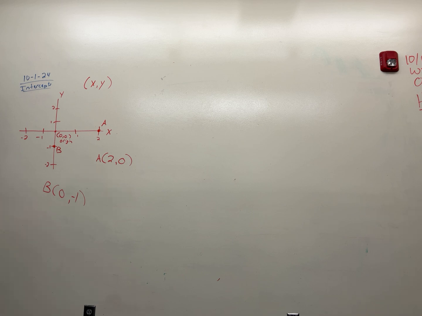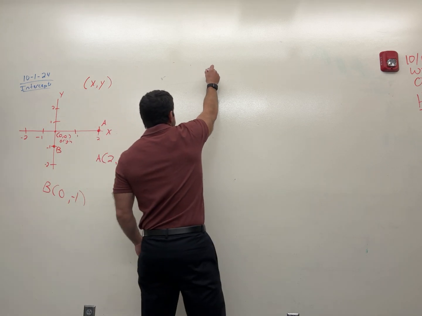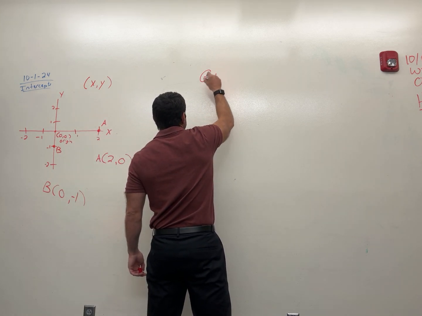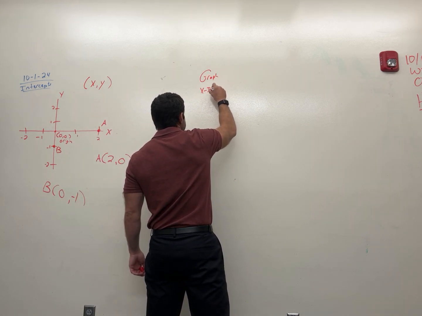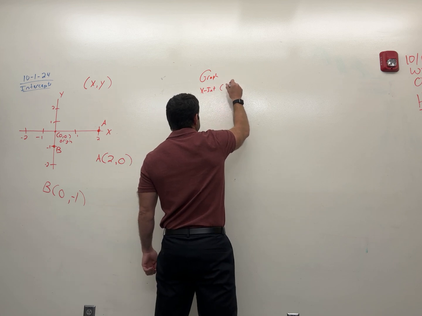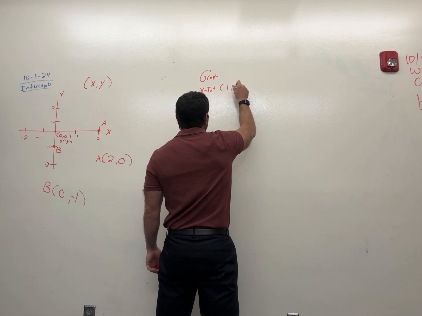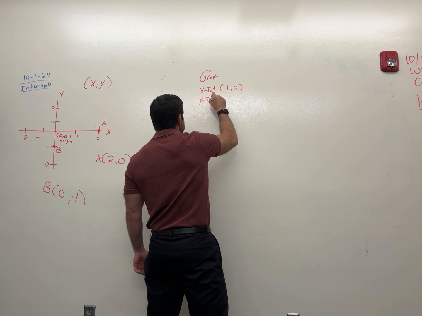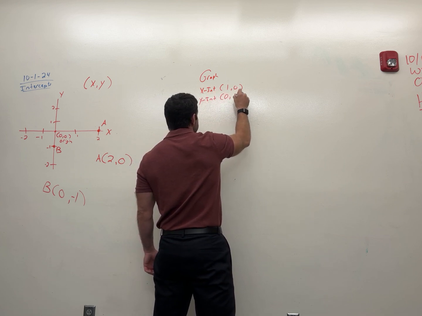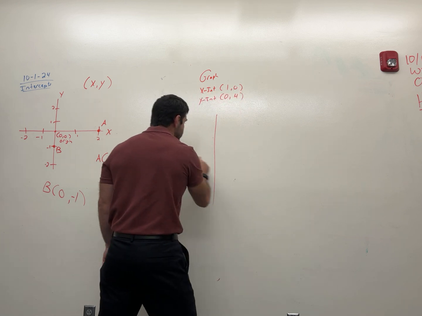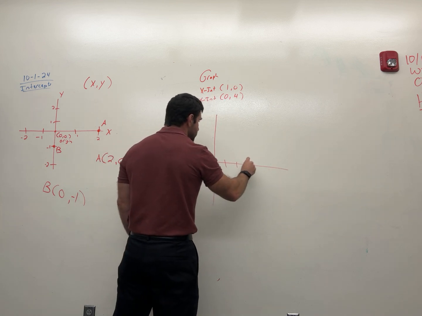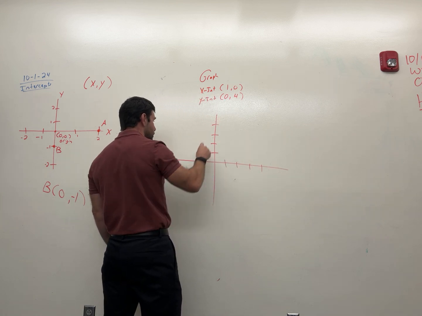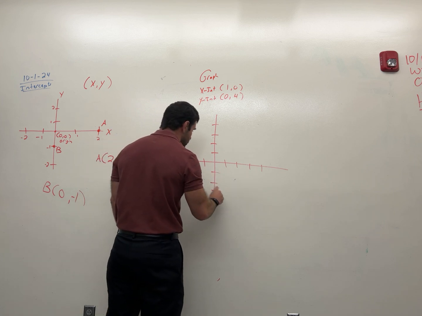We could graph, if it said graph, the x-intercept is 1, 0. The y-intercept is 0, 4. 1, 2, 3, 4.